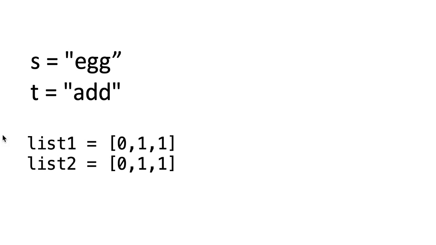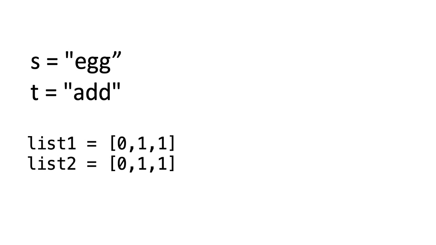Index position of E will be assigned to 0 and G will be assigned to 1. We again have another G, so we will again get 1. Similarly, for the second list, we are assigning the index position of A as 0 and the index position of D as 1. We have another D, so we are again populating 1.